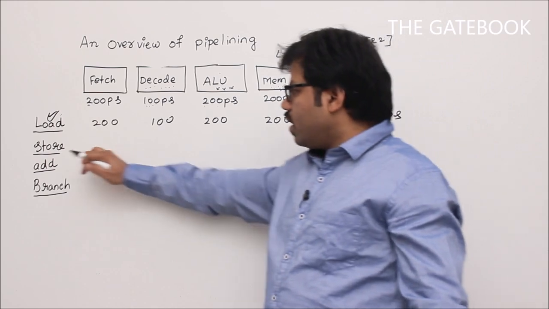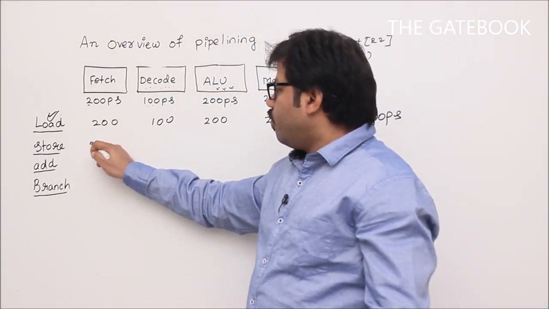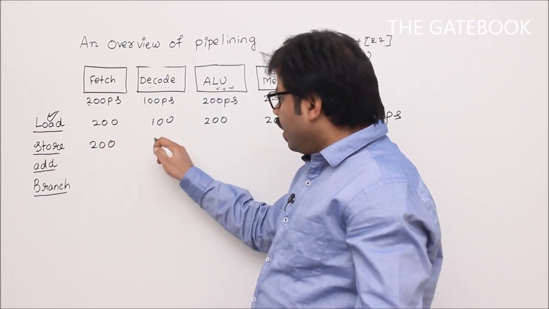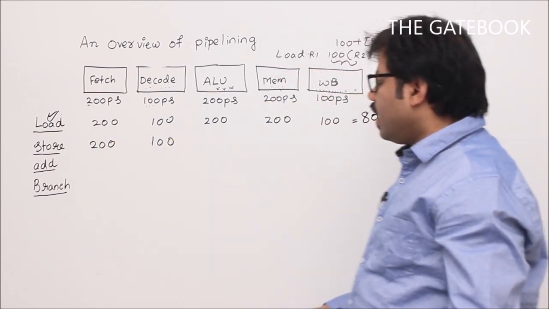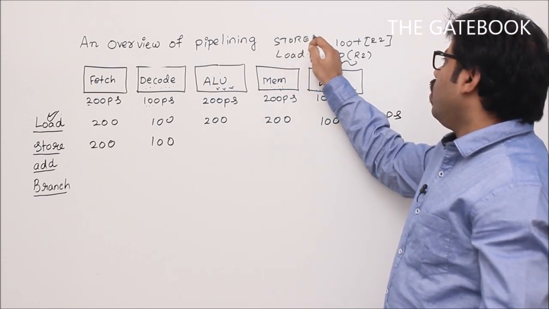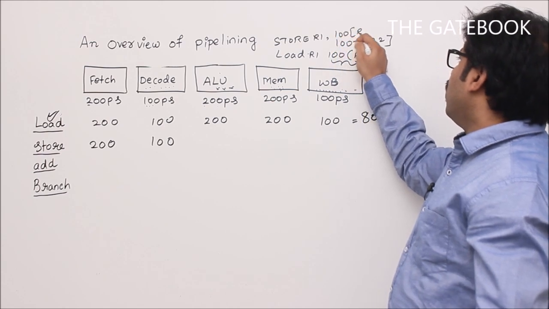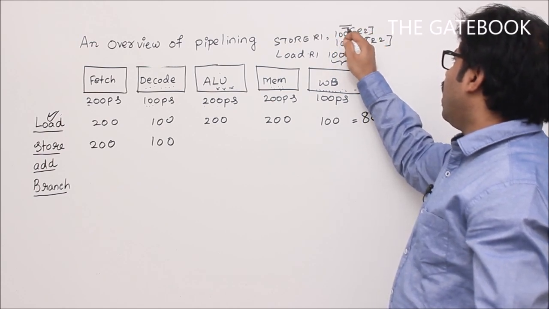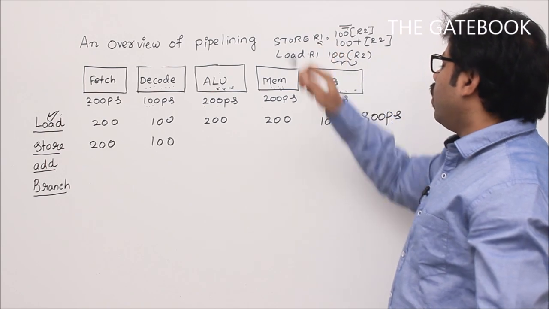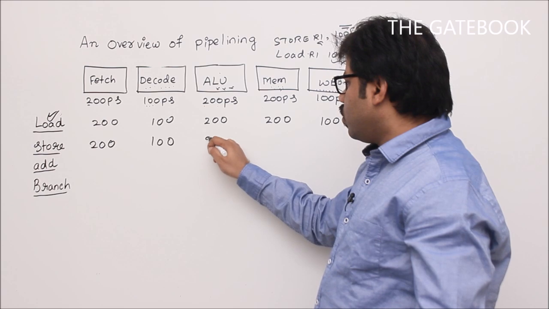Now if it is a store instruction, then the store instruction requires fetching the instruction and decoding it. Then is there any arithmetic? Yes, sometimes your instruction might be like this: store register R1 value into 100 of R2. Then we have to find the effective memory address where we are going to write the value of R1, so the ALU is required here also, 200.